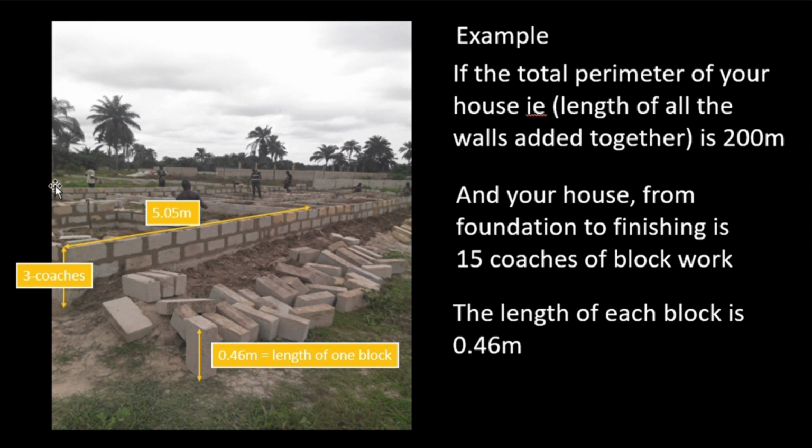if the total perimeter of your house, either the length of all the walls added together, is 200 meter, and your house from foundation to finishing is 15 courses of block work, the length of each block is 0.46 meter.